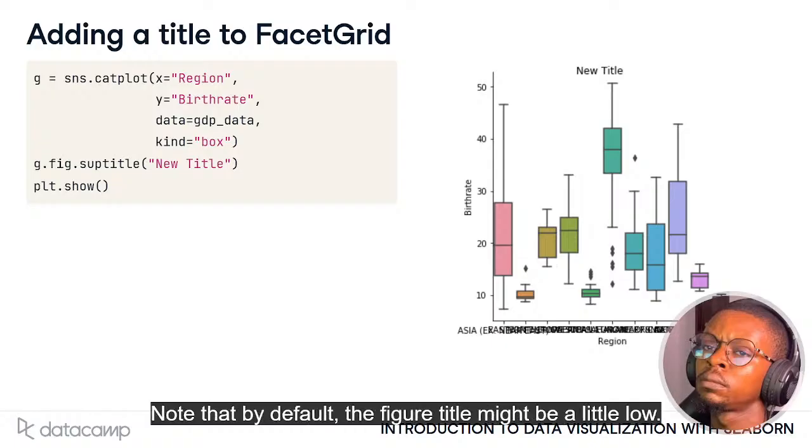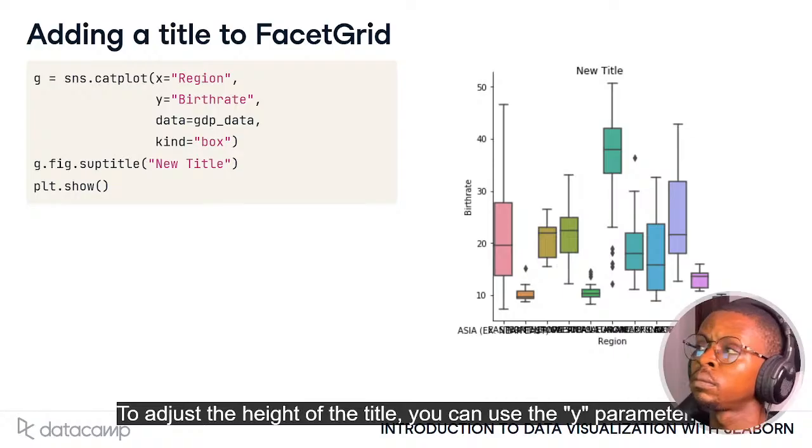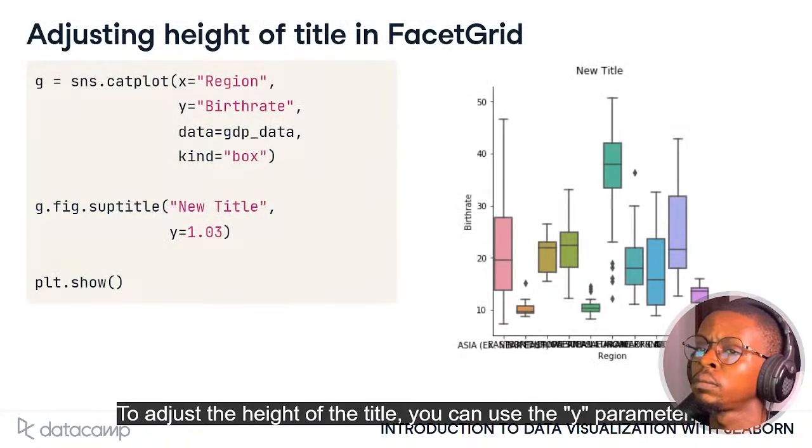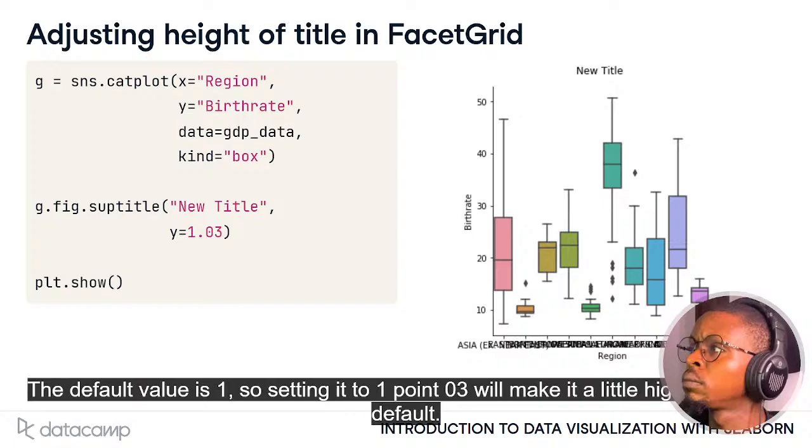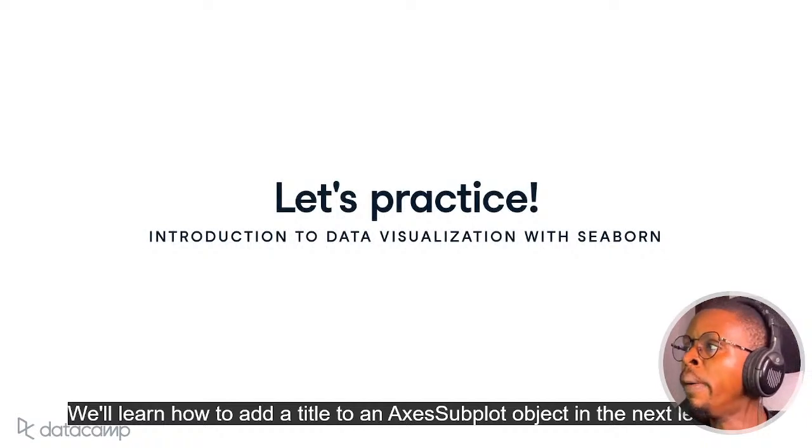Note that by default, the figure title may be a little low. To adjust the height of the title, you can use the y parameter. The default value is 1, so setting it to 1.03 will make it a little higher than the default. We'll learn how to add a title to an axes subplot object in the next lesson.